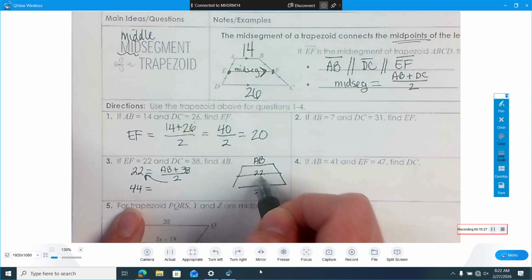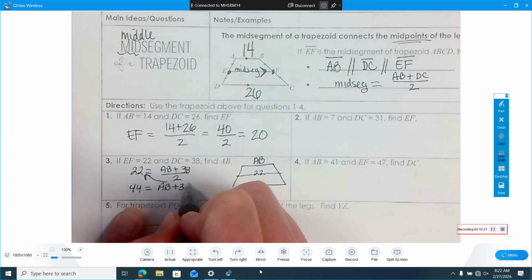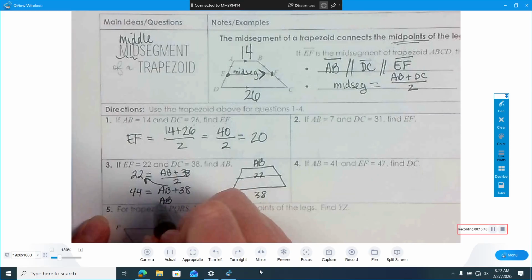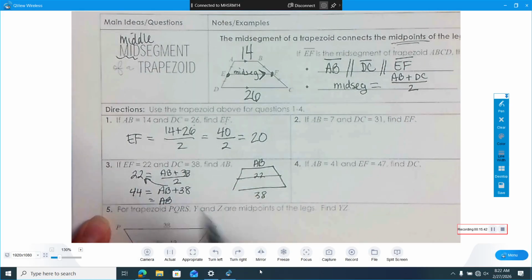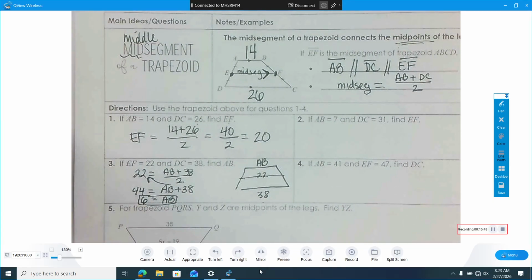We can multiply the mid-segment by 2. So then we have AB plus 38 equals 44. And then how do we get AB? Minus 38. So AB equals, if we subtract 38, what do we get? 6. Okay. All right.